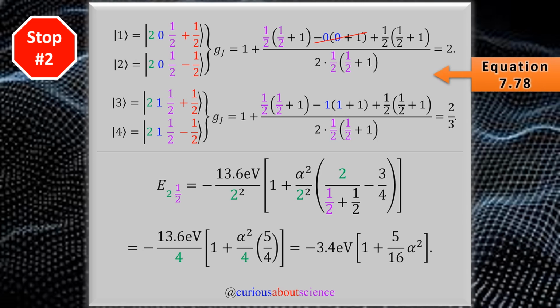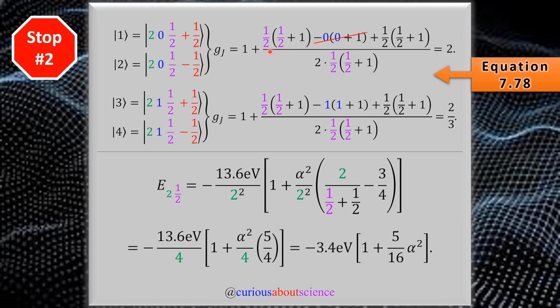If we want to calculate the g factor, we have to use equation 7.78. By color coding, we can see exactly what that is. We have the J state that goes here multiplying, and then we have something to do with L, and then something to do with S. Again, for an electron, the S is 1/2.